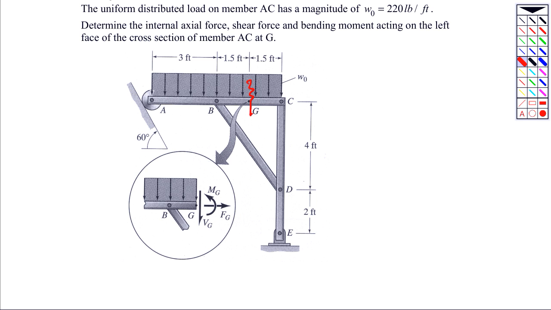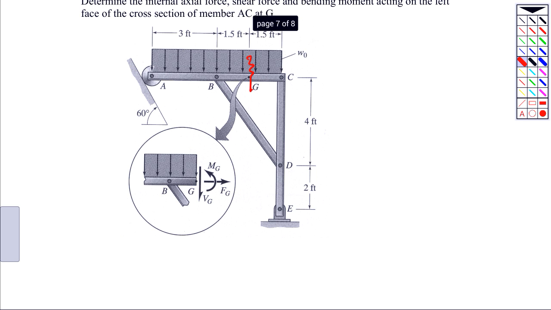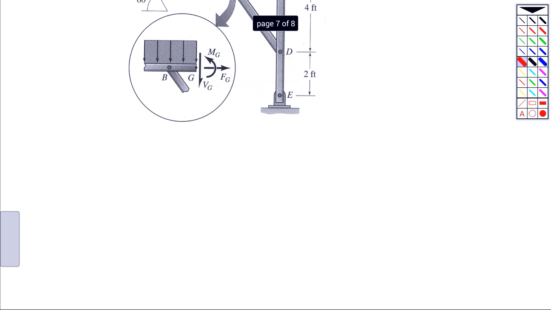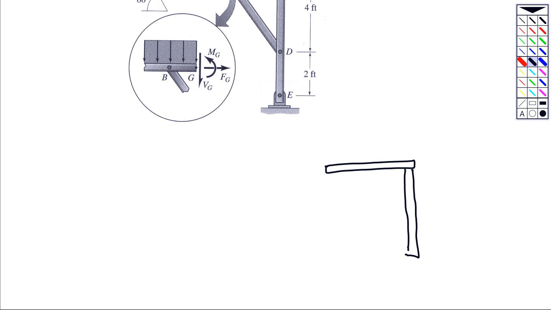So the first step is to find the external reactions acting on the entire frame. As I draw my free body diagram of the entire frame, the forces acting on this: there's going to be a pair of components of reactions at E, EX and EY.